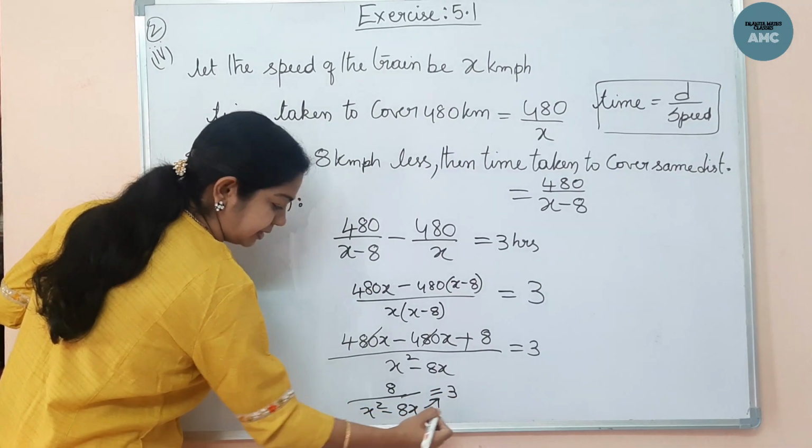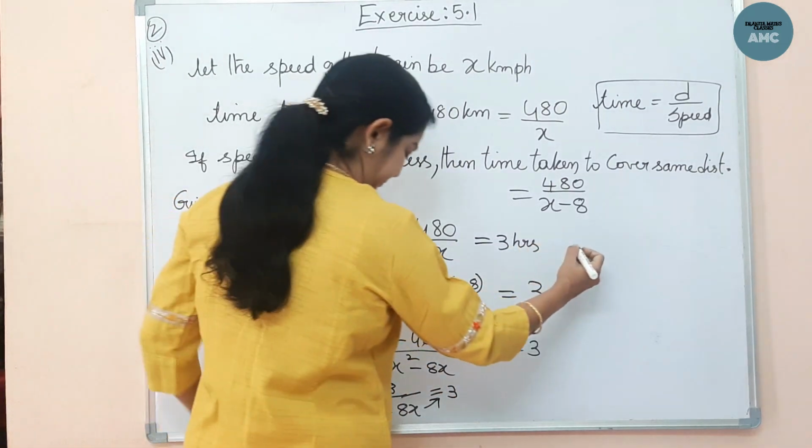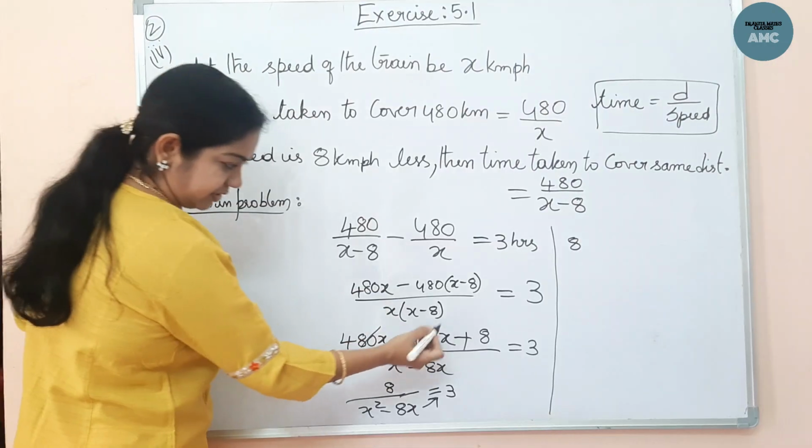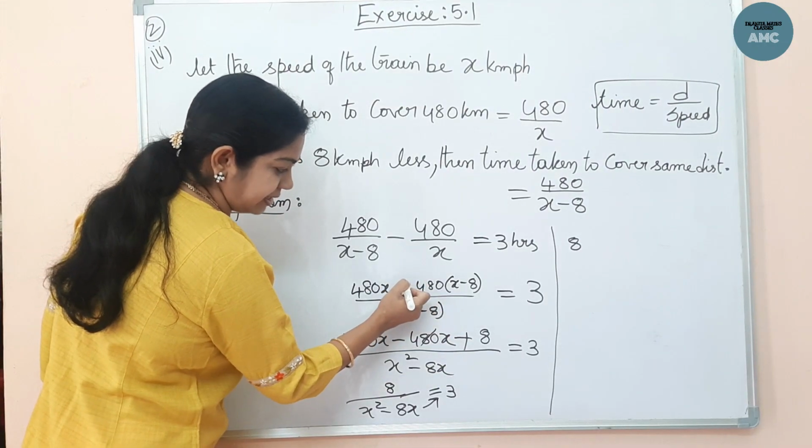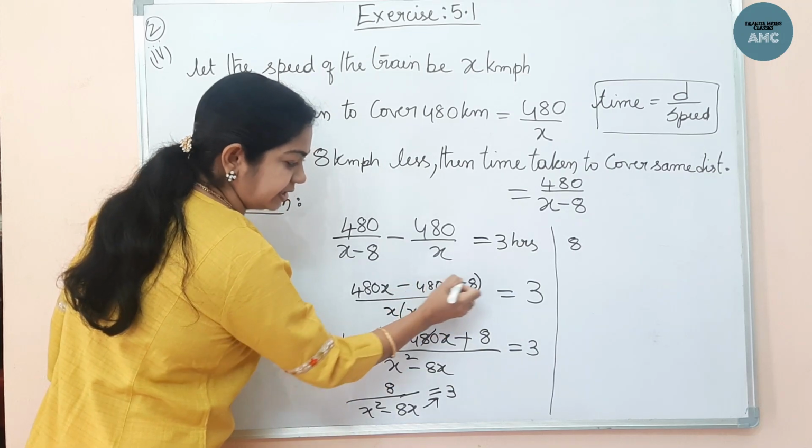Just cross multiply the terms. But we have done something wrong here. See here, 480 into x is 480x, and minus into minus is plus 480 into 8.